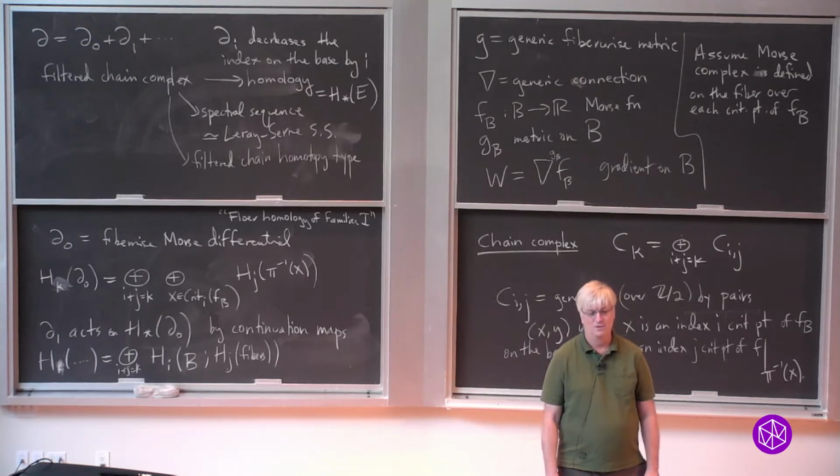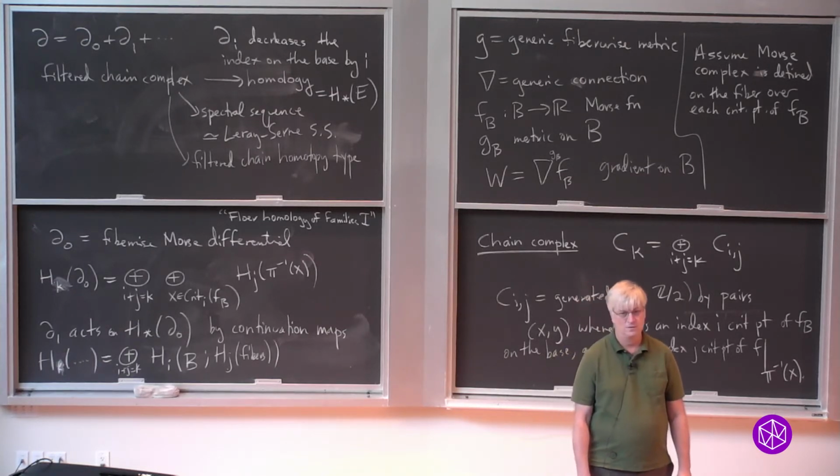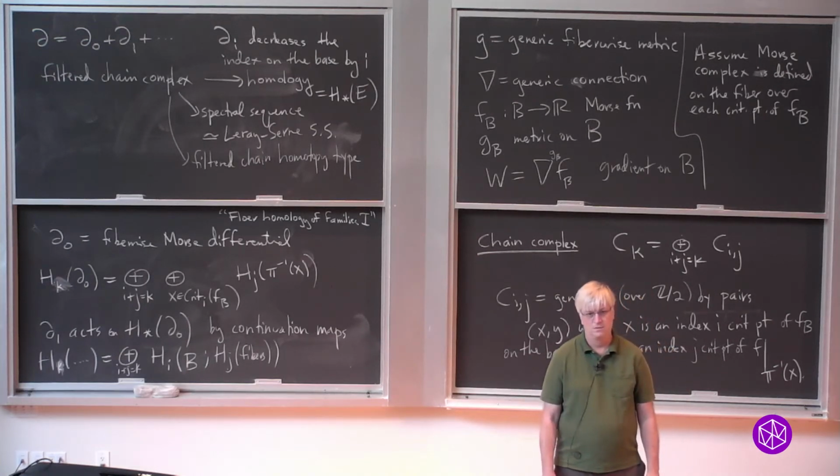V isn't the gradient of your original function, but if I took your original function, the function on the total space, and I added a very large multiple of FB to it, then W is almost gradient-like for that.